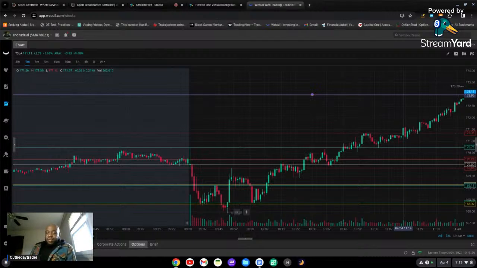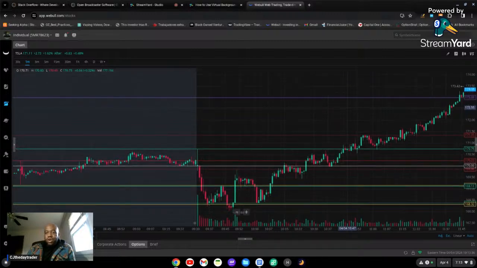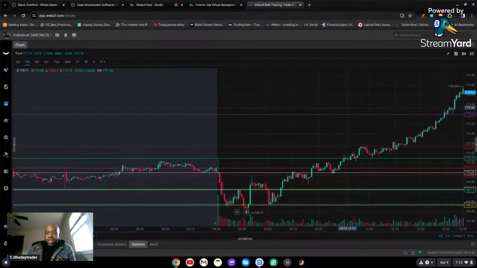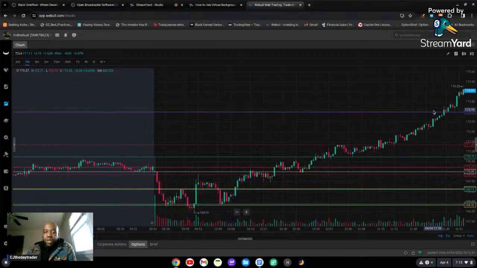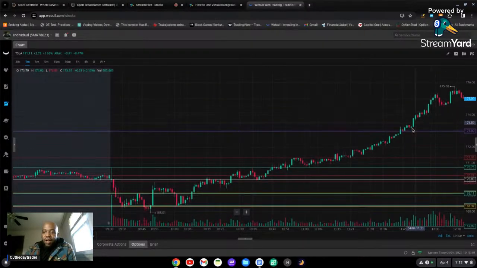Now, the 20 EMA is, of course, a level of, I would say, pretty certainty. Like, it respects, it holds up, and whenever you get close to that level, you have to pay close attention to what happens there. But we clearly get a break and retest of that level, just like we did up here.